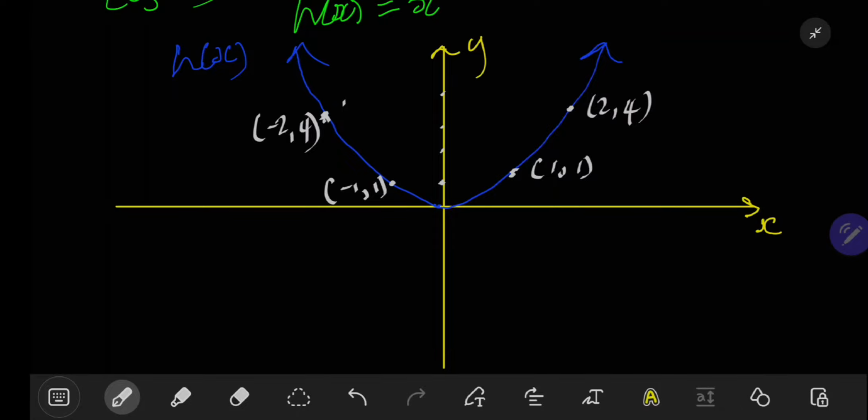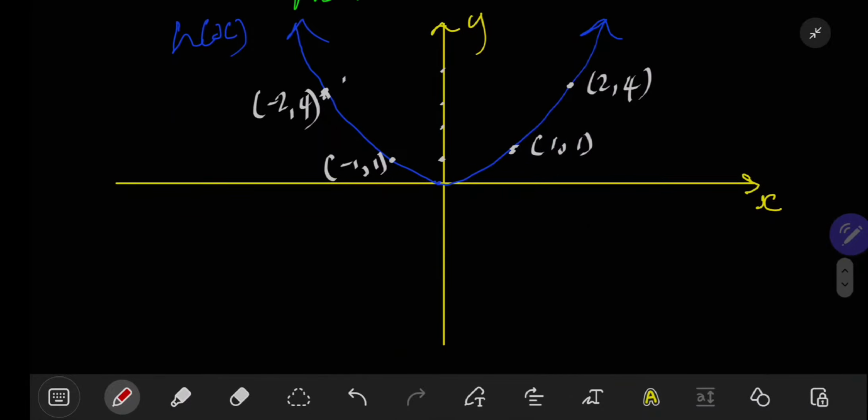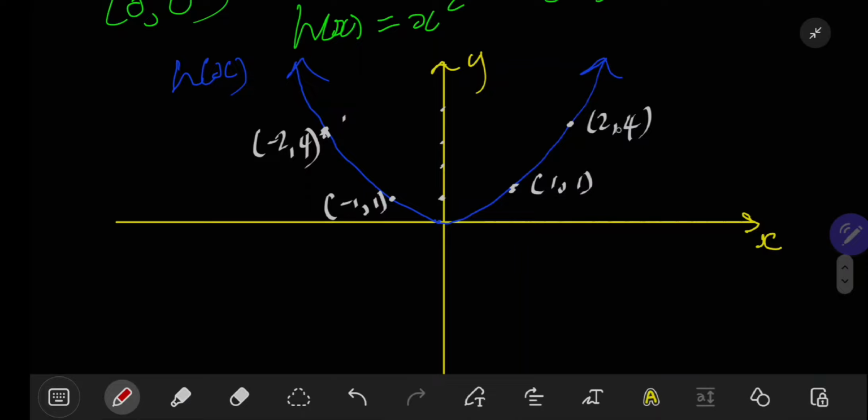Then when we interchange that, those points will be the inverse. All right, so for the inverse function of this graph, when you plot those inverse points, this point becomes 4 is to 2. Then our x value now is 4. Then our y value now is 2. It can be a point here.